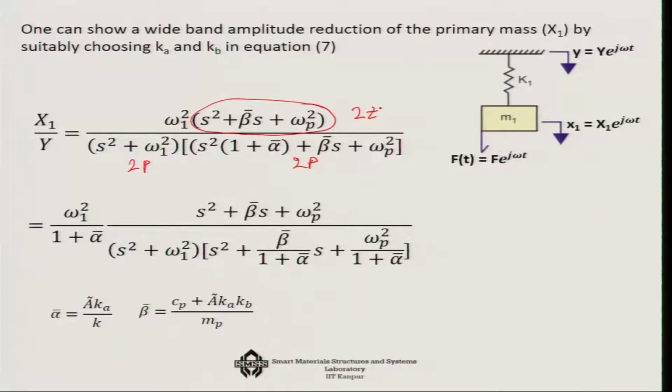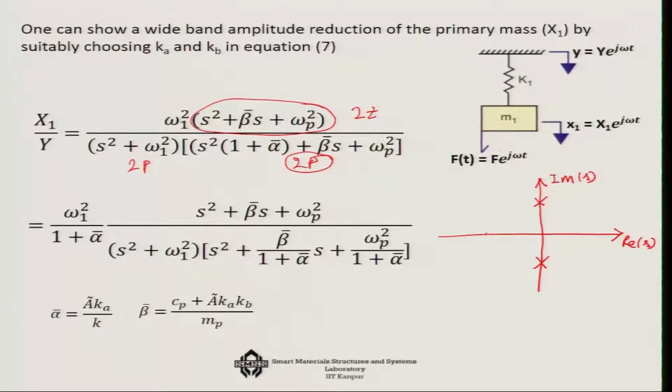So, essentially, because of the introduction of this alpha bar term, we have 2 undamped poles here, and along with that we have 2 additional poles, and these 2 additional poles you can place anywhere depending on wherever you wish to do it.